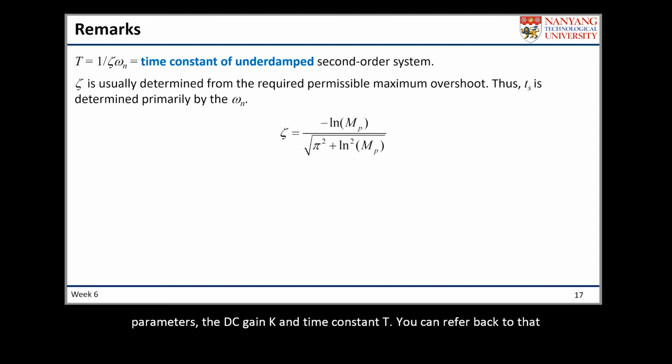You can refer back to that tutorial if you need to refresh your memory. So there are two parameters for a first order system, which are DC gain K and time constant T. In a second order system, there are three parameters, right? DC gain K, damping ratio zeta, and undamped natural frequency omega n, right?